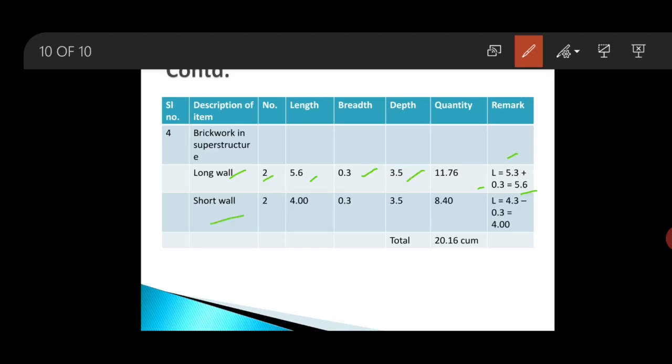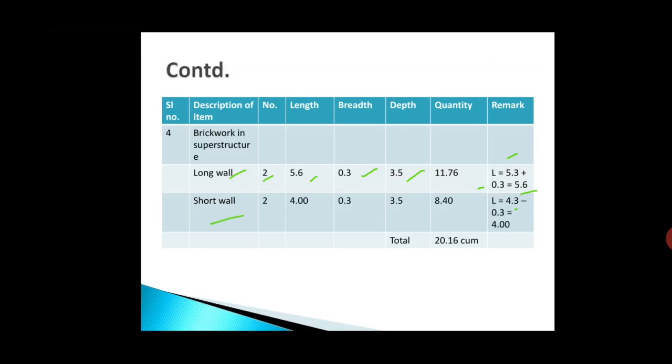Similarly for the short wall, from the center line length we will subtract half of the breadth on one side and half of the breadth on the other side.